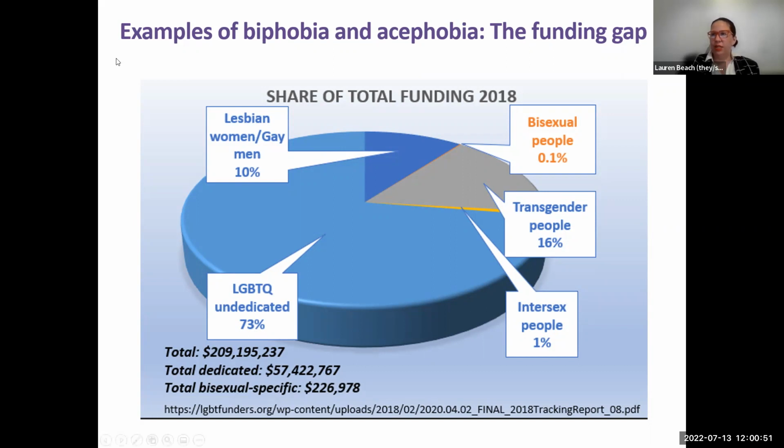And what you can see is that bisexual people make up less than 0.1% of all dollars that were funded to address LGBTQ people in any way. That in this year of 2018, $226,978 were found to be granted out of over 200 million.